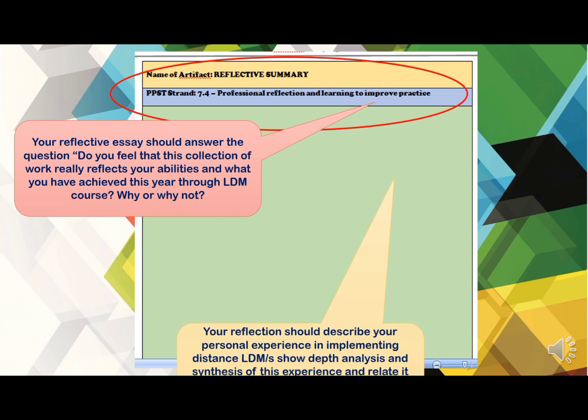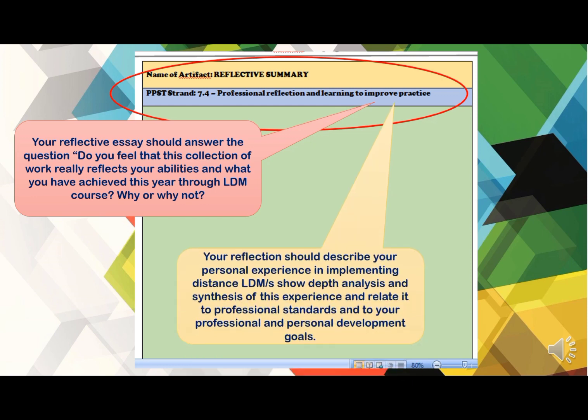Why or why not? And your reflection should describe your personal experience in implementing distance learning delivery modalities. Show depth of analysis and synthesis of this experience and relate it to professional standards and to your professional and personal development goals.